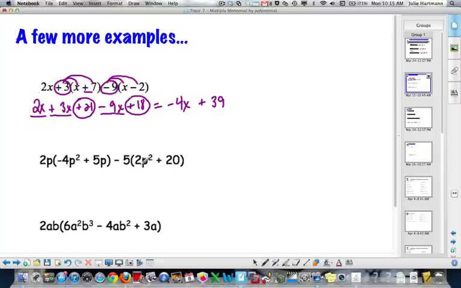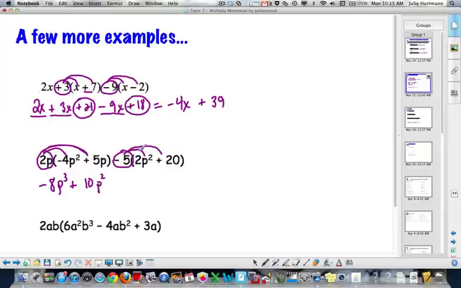Okay. Next one, we're going to distribute a 2p into here, and then a negative 5 into here. So 2p times negative 4p squared is negative 8, and then 1 plus 2 is p cubed. 2p times 5p, 2 times 5 is 10, p times p is p squared.